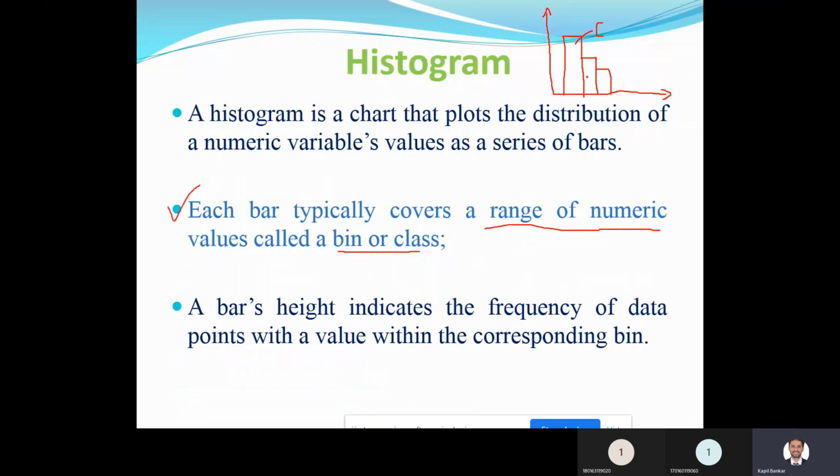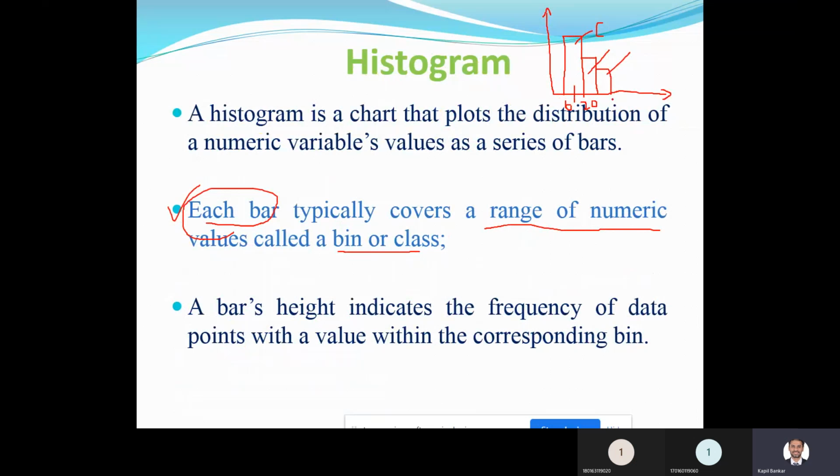This is one class, this is the second, this is the third, likewise. So a number of classes or bins are there. Each bar typically covers a range of numerical values. Suppose this is a single bar, so it covers some range, suppose 10 to 20.